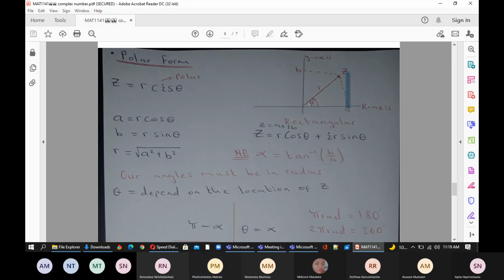From this triangle, find sine theta in terms of A, B, R. Sine theta is equals to what?